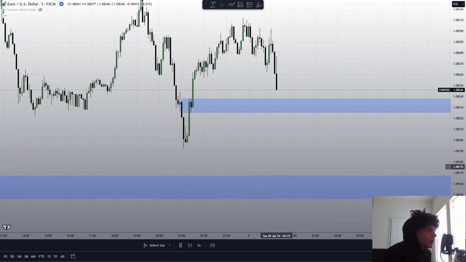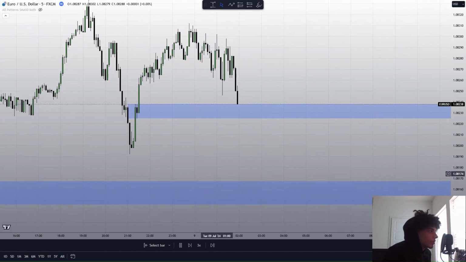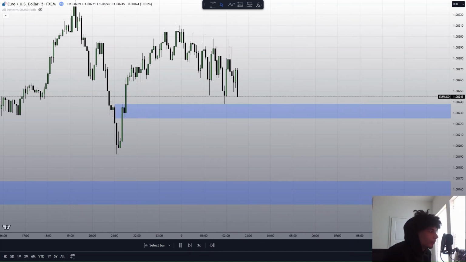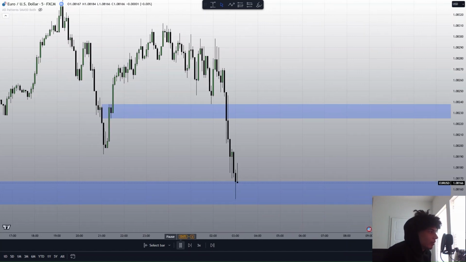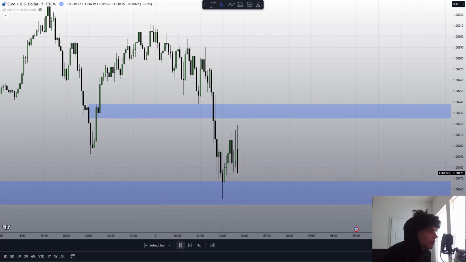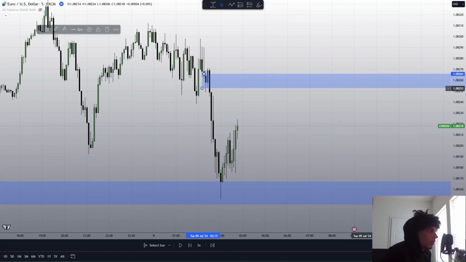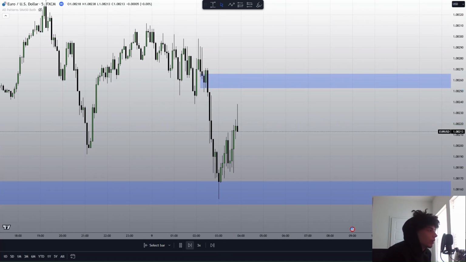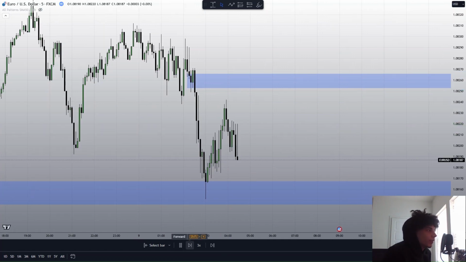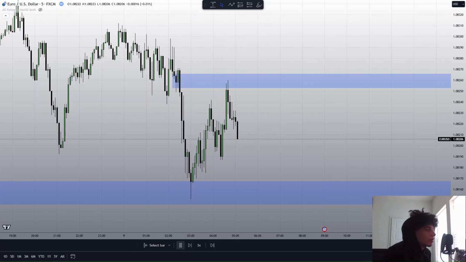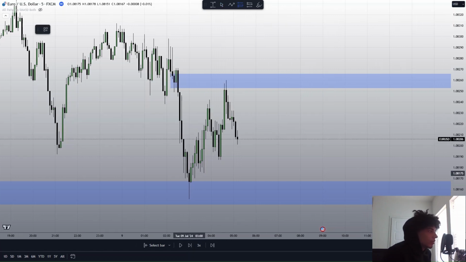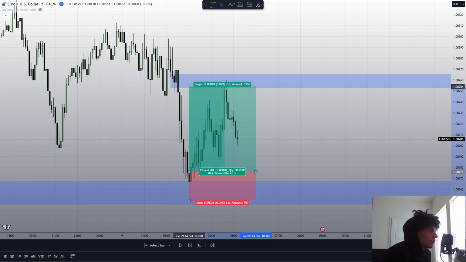We'll do 3 times, and then price taps into it, boom, and then immediately went, and it broke through it, tapped into that one, and boom, immediately went all the way up to this supply zone. This order block, all the way up there eventually, and boom, tap straight into it, would have been green. So let's say you got into it again right here-ish, boom, TP right around there.